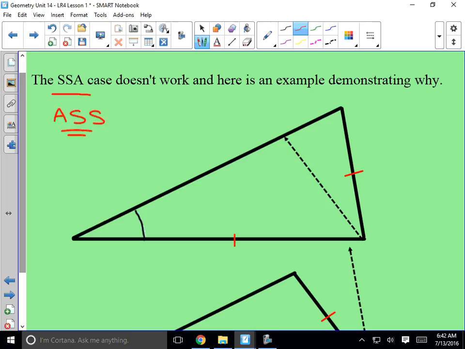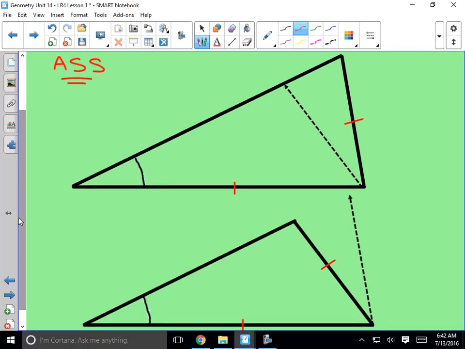So it's also known as the ASS congruent statement, because if you notice here, we've got an angle, we've got a side, and then I want to make sure that's a different length, and then we've got another side. So if we were to name this, we had an angle, a side, a side.